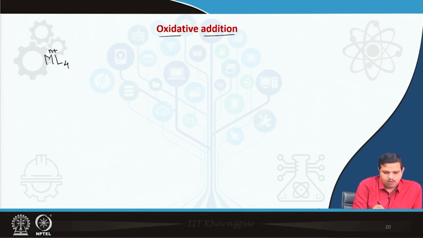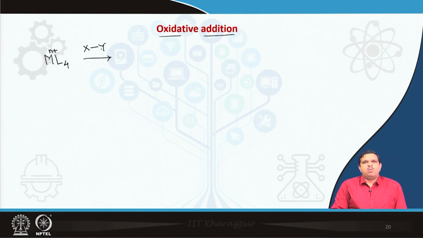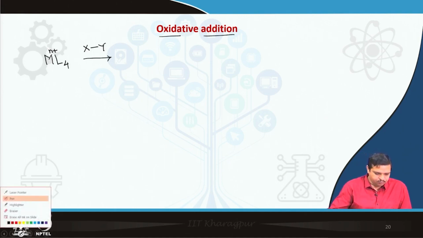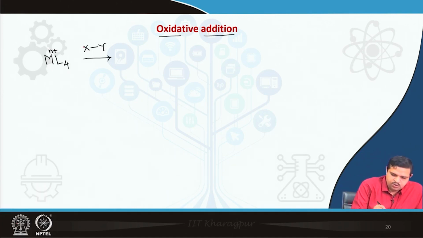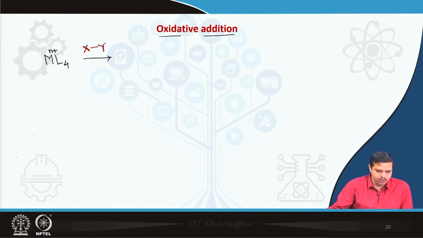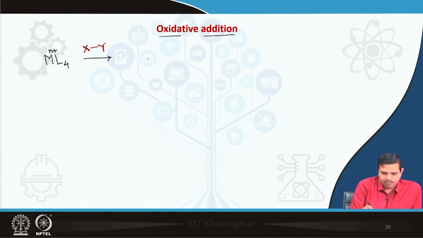Now, I am reacting it with, let us say, one reagent XY. I am first discussing in a very general way, and then I will tell you specific examples and how the reaction proceeds.